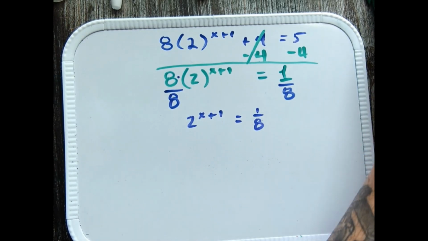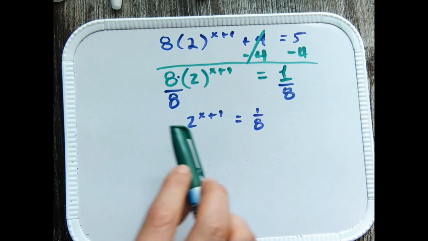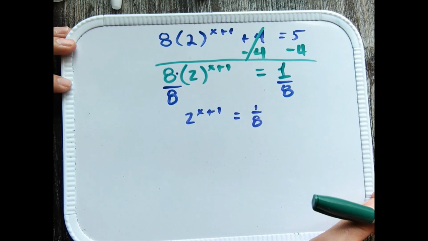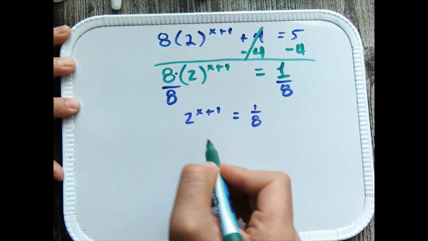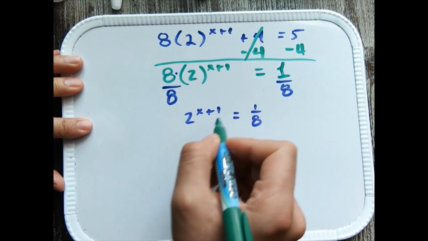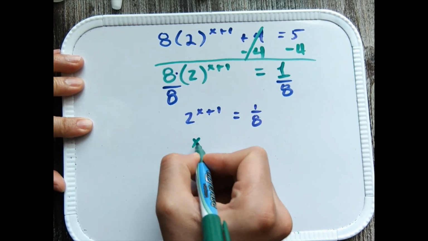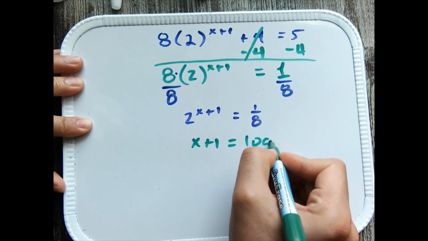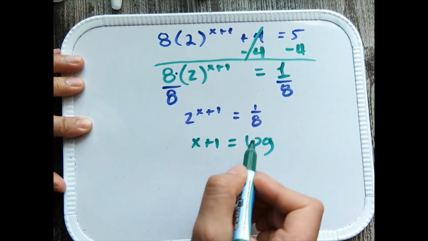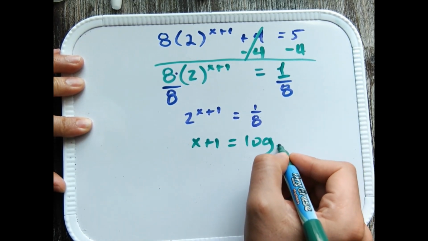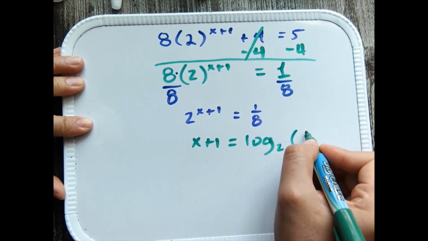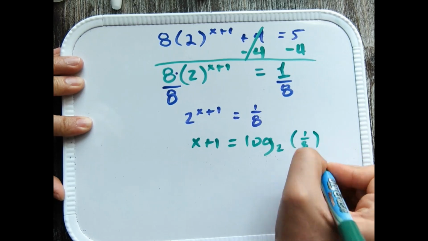Now I'm at the point where I need to get rid of the base 2 by rewriting it as a log. So again, to move this 2 to the other side, I need to rewrite it as a log. So I have x plus 1 is equal to the log. Remember, I'm moving that 2 to the other side, so it becomes the base of the log, base 2 of 1/8.